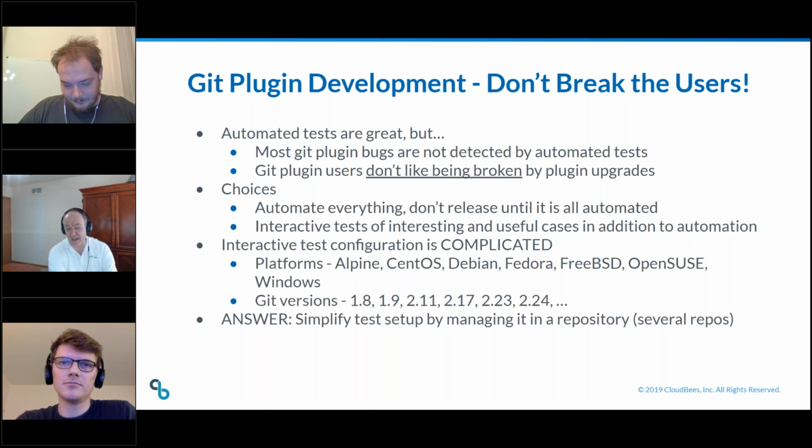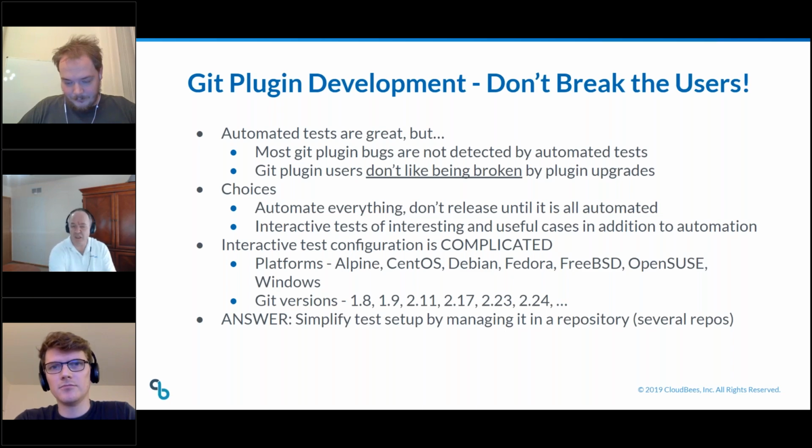I decided on interactive testing, but interactive testing for the Git plugin and for many others is complicated because we're multi-platform, with multiple Git versions, multiple different variations that make things complicated and challenging. So my simple answer was, I'm going to set up my tests to run from a repository.